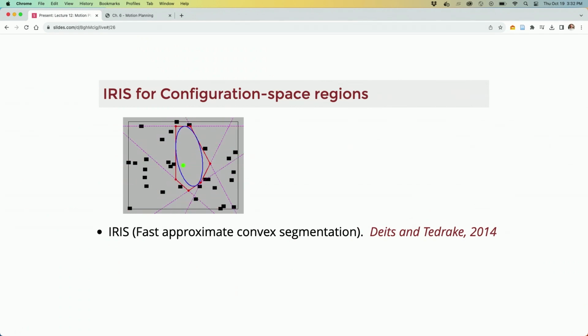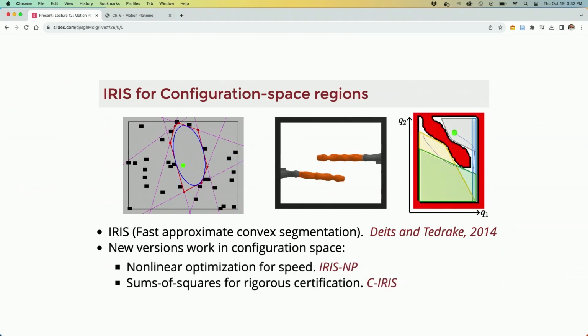Now, the original one only worked in a Euclidean space, not with curvy geometry. We assumed the obstacles were convex, but now we can do it even in the non-convex space using either nonlinear optimization, which is fast but approximate, or some of the algebraic kinematics I talked about the other day to try to do a rigorous certification with polynomial optimization.